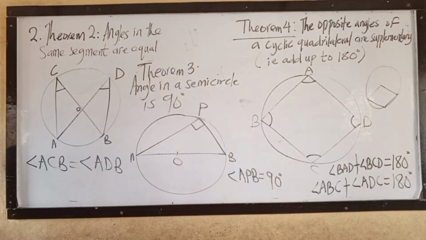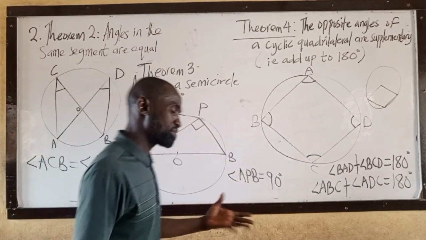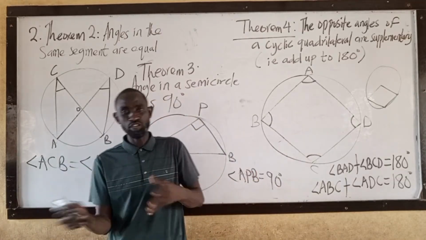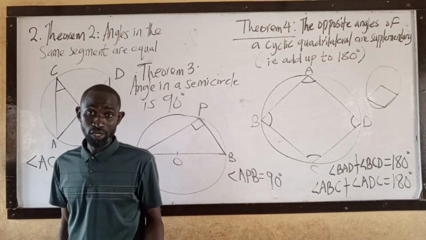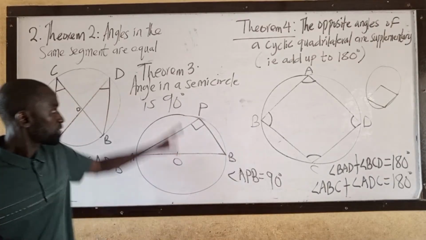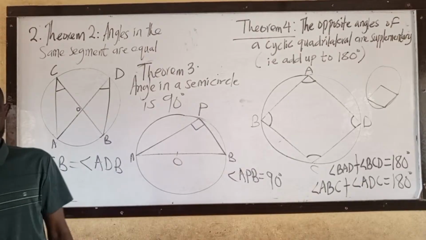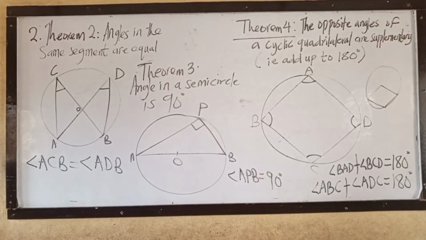So you can take the theorem. I can take you through 4 theorems today and some questions on them. So in total, we have 7 or 8 theorems. We're taking 4 today. In the next class, I'm going to take the remaining 4 theorems. Write these ones down and solve questions on them.